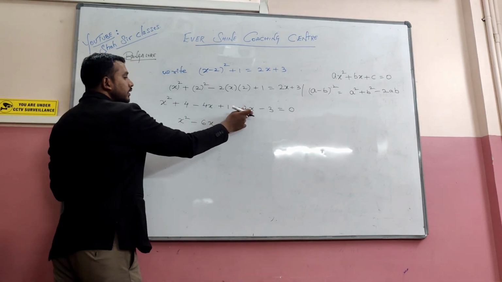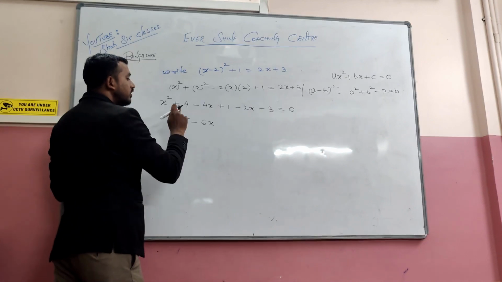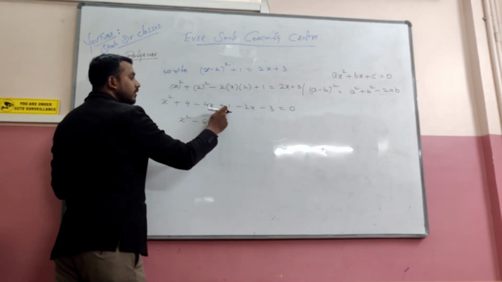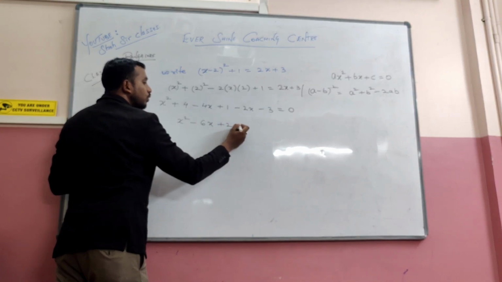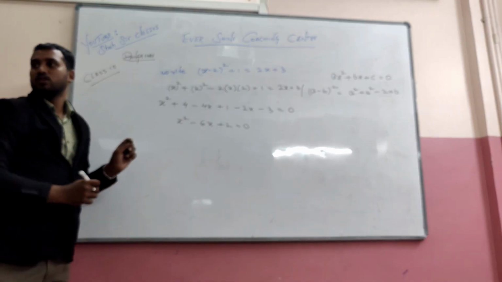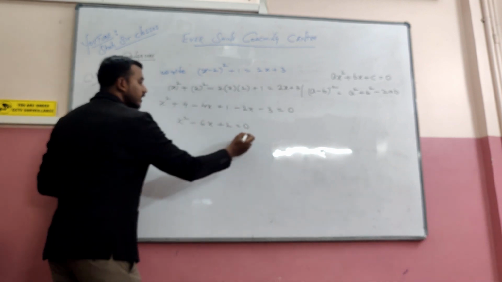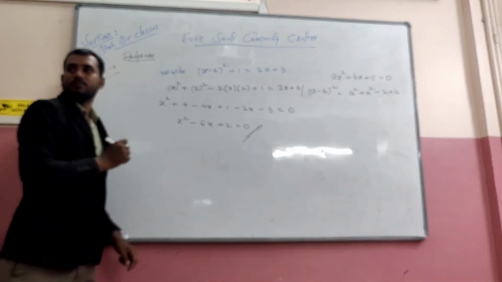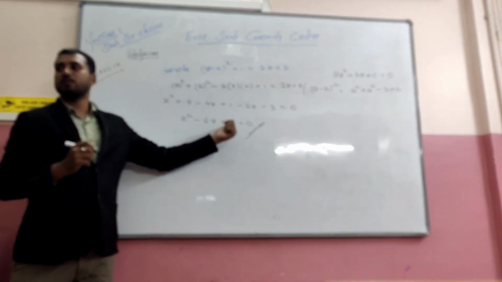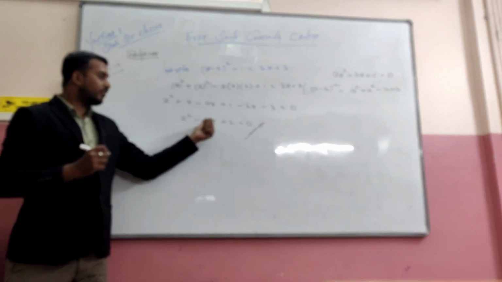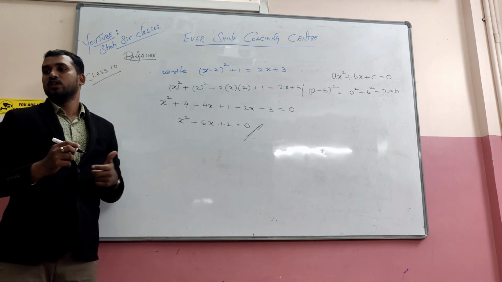Now the constant: 4 plus 1 is 5, 5 minus 3 is 2. That is plus 2 equals 0. Is this clear? Now it is in the standard form. So what is the standard form? ax square plus bx plus c equals 0, that is second degree, first degree, constant equals 0. That is the standard form.